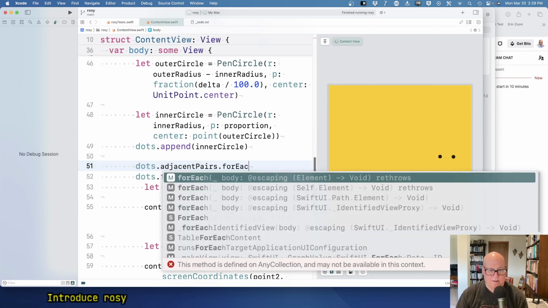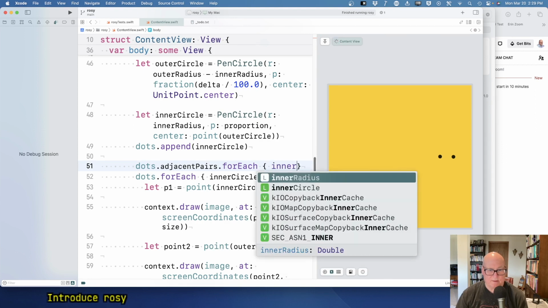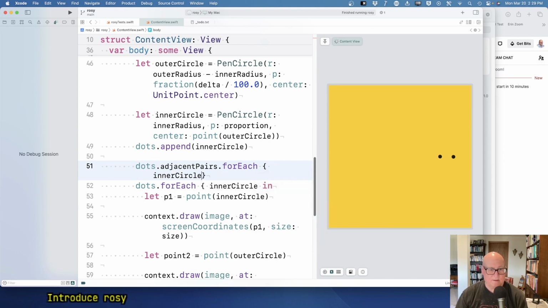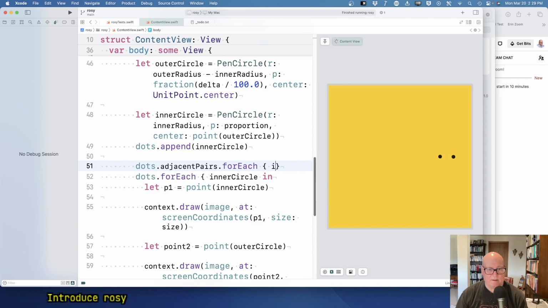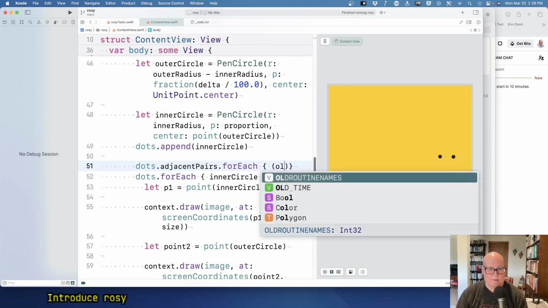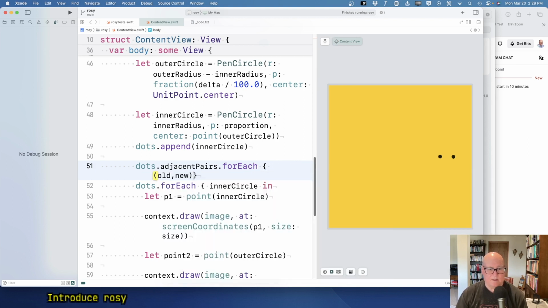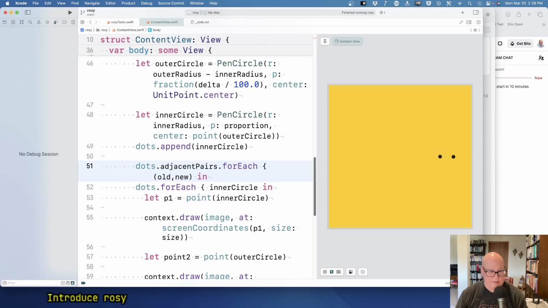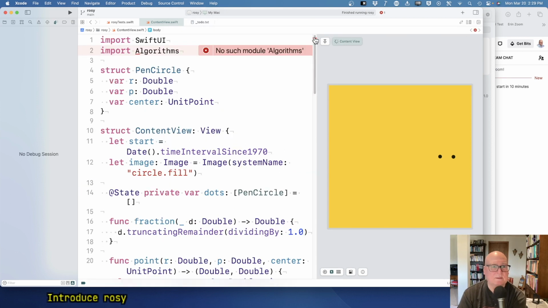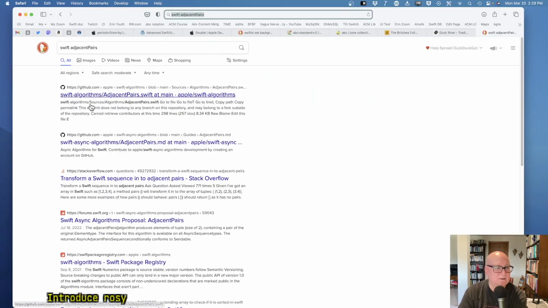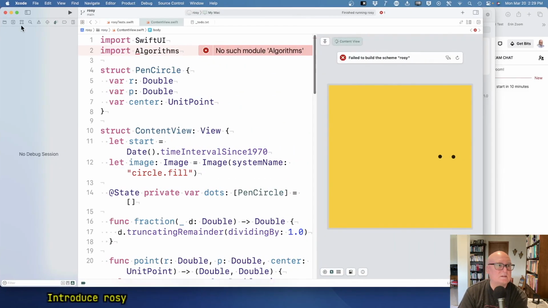Dot for each inner circle. Oh no. It's old, new, in. Okay. Now this one goes away. I guess it's not complaining. That's a good sign so far. Oops. No such module algorithms. Oh, what do I have to do? Let's see.